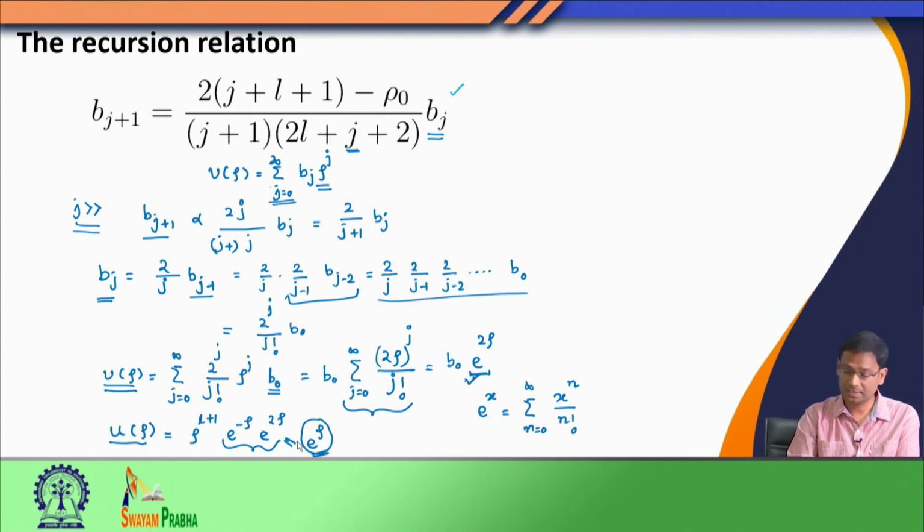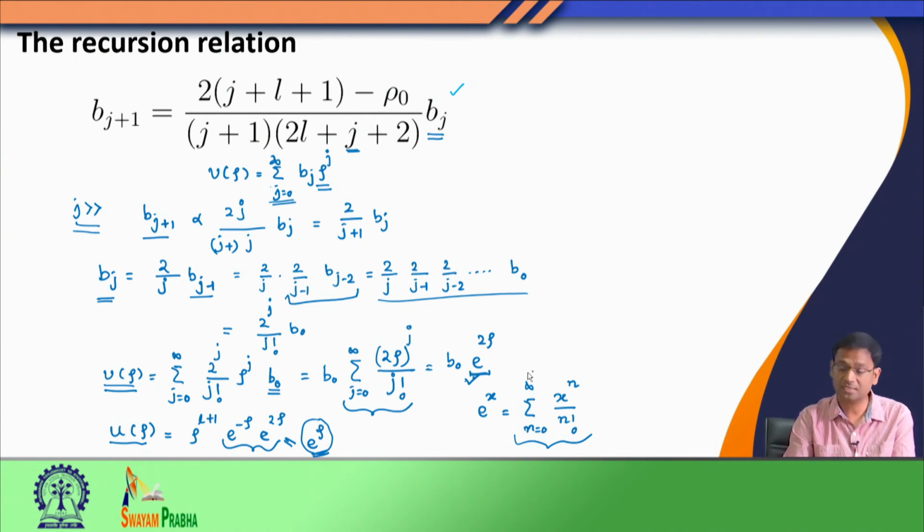We see that such a problem occurs only when j is very large, or j goes to infinity. That means this power series should not go to j equals infinity; rather, it should truncate somewhere. I obtain this e to the power 2 rho term only when I define this summation going from n equals 0 to infinity.